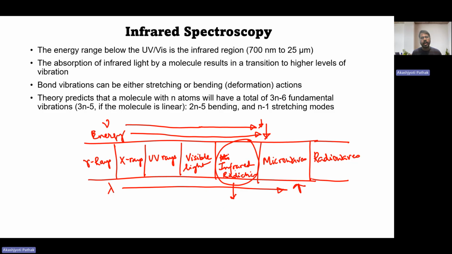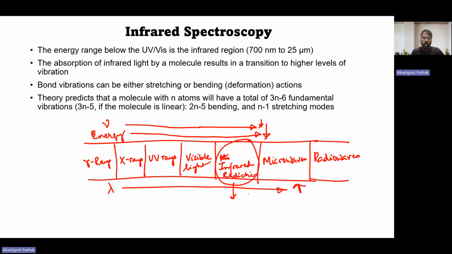So why is infrared radiation used? A molecule shows certain vibrational motions, and these vibrational motions can be excited by subjecting it to infrared radiation.